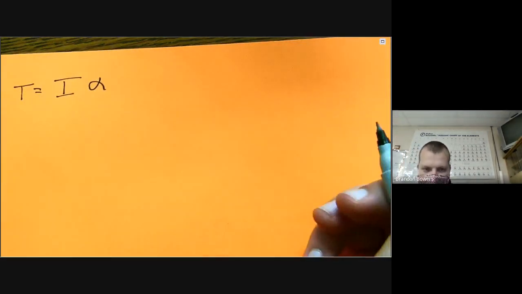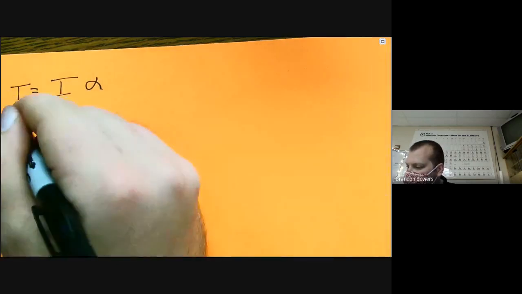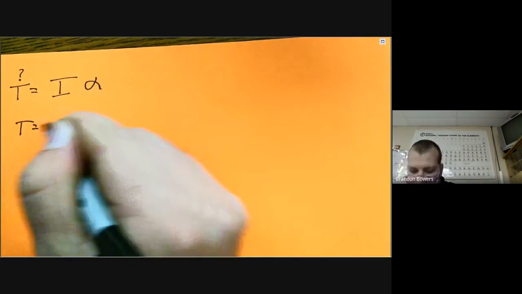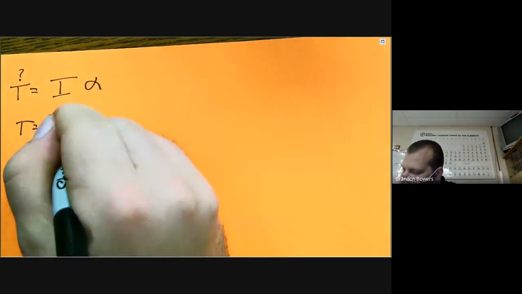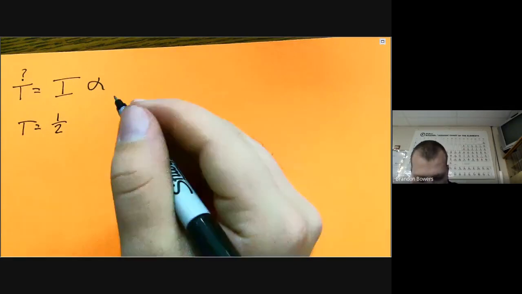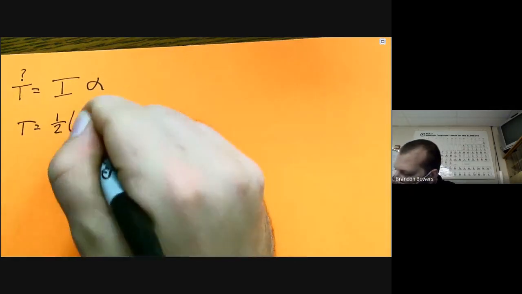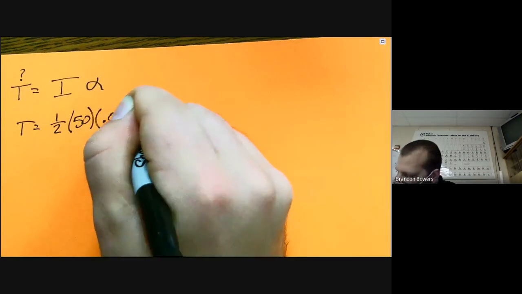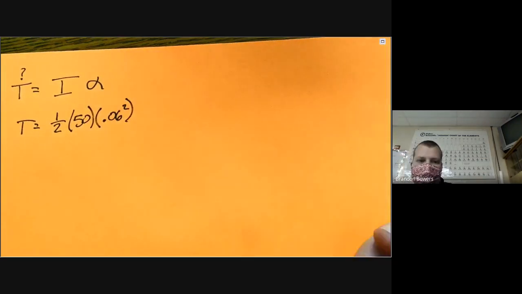In this problem we don't know the torque yet. Inertia is equal to 1/2 the mass, so the mass was 50, and we said the radius was 0.06 squared. All of that's the inertia, correct?